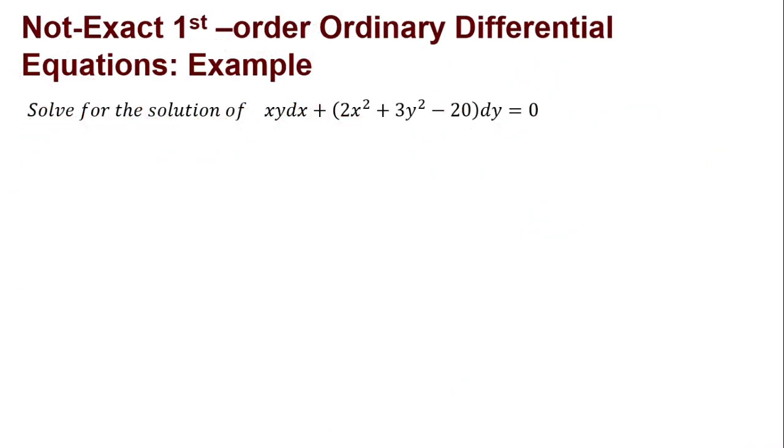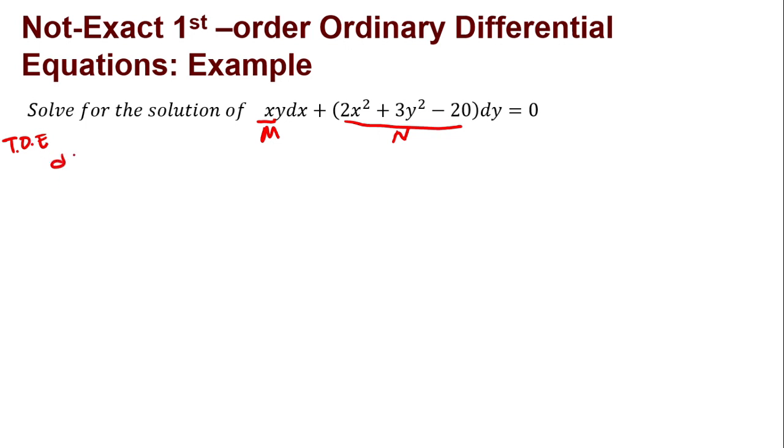So we have another example here. We're going to find a solution for this differential equation: xy dx plus quantity 2x squared plus 3y squared minus 20 dy equals 0. So it is in differential form. So this one is our m and this is our n. So we can now apply our test of exactness.